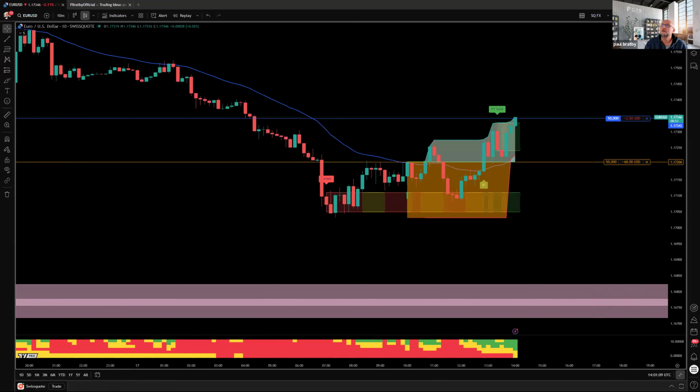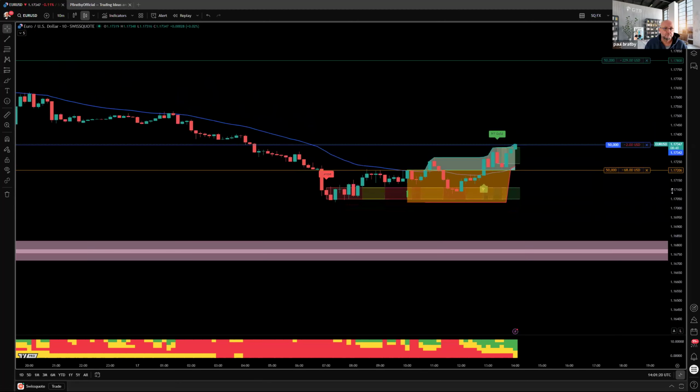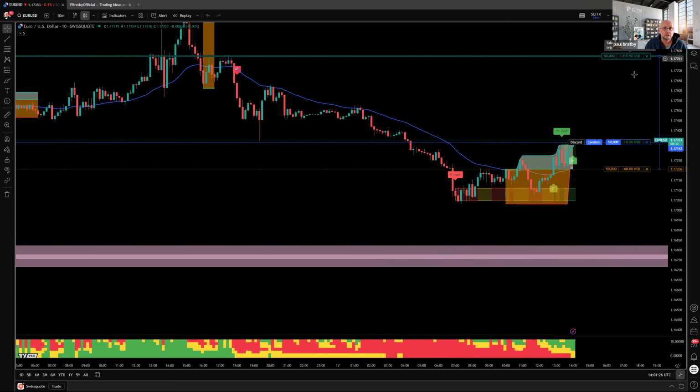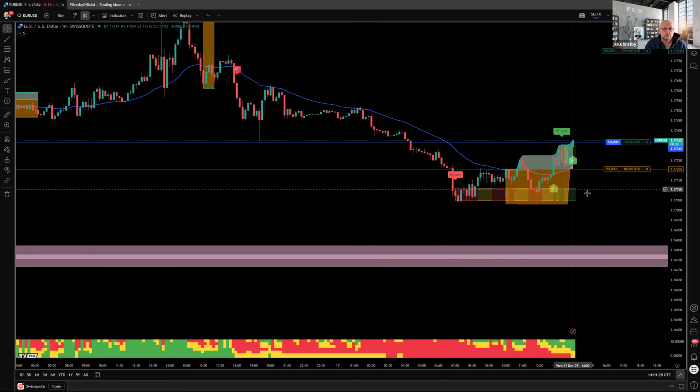I'm going to put on my 6E a target of 1.1835. It's going to be a bit different on the Euro US dollar. That needs to come down a bit to around about there.